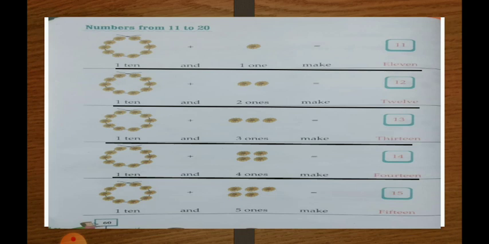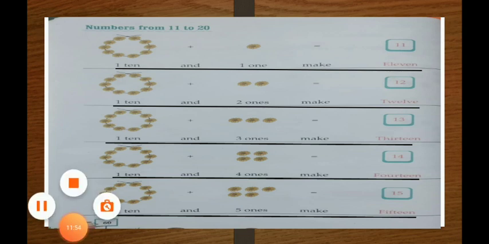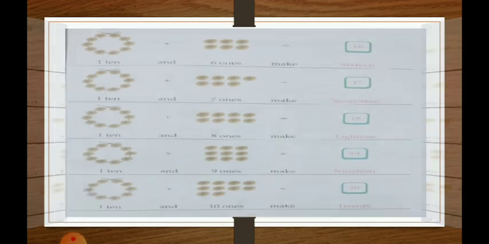So 10 plus 5 is equal to 15. 1 ten and 5 ones make 15. So what is the number name for 15? FIFTEEN, 15.